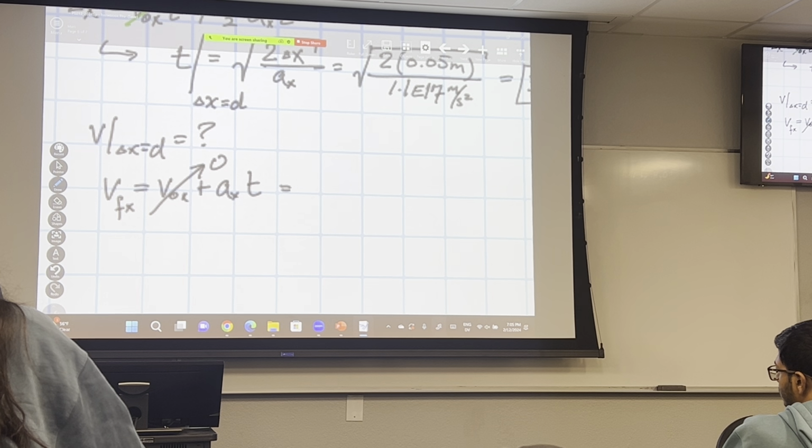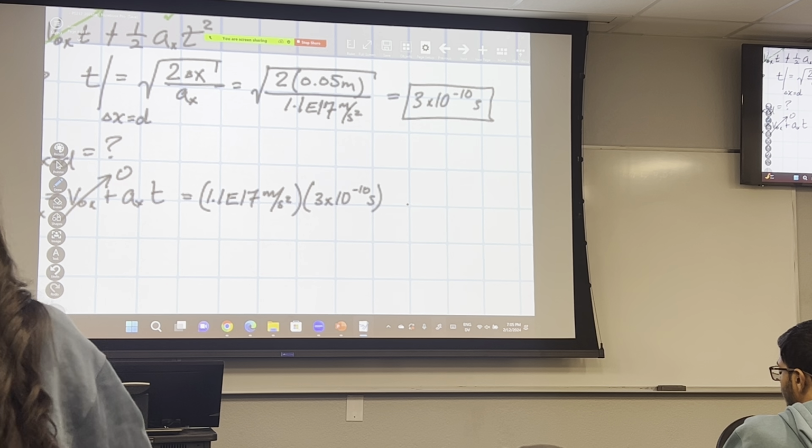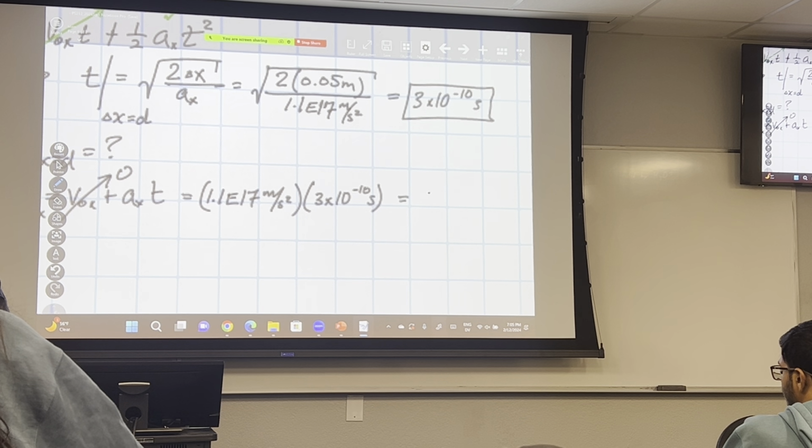And so the final impact speed then is simply the product of acceleration and the duration. So this is going to be 1.1 times 10 to the 17th meters per second squared times 3 times 10 to the negative 10th seconds, which should be roughly 3.3 times 10 to the 7th meters per second.